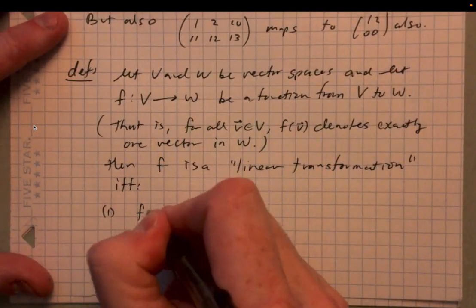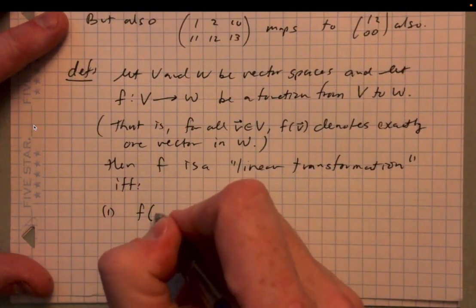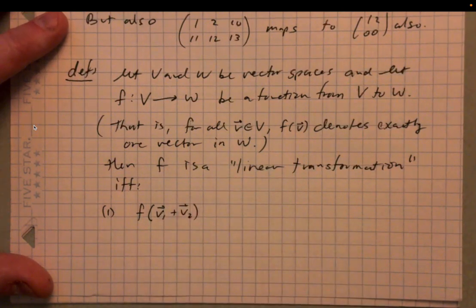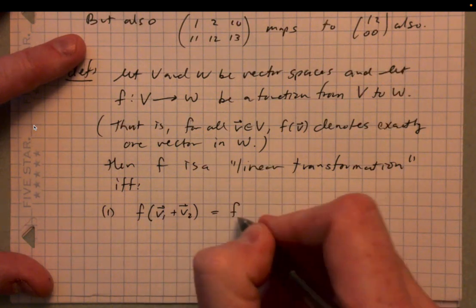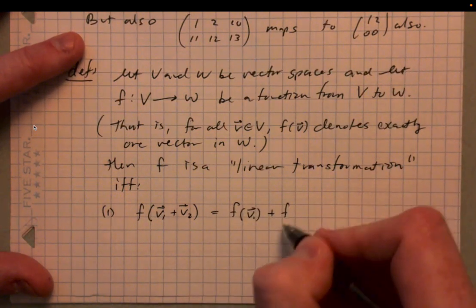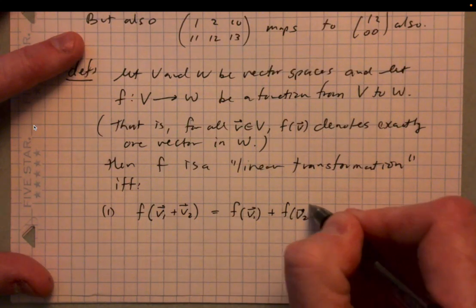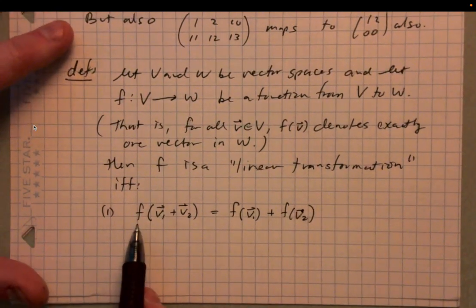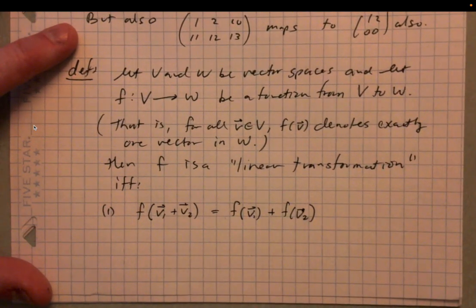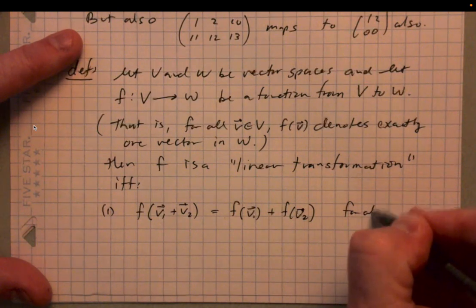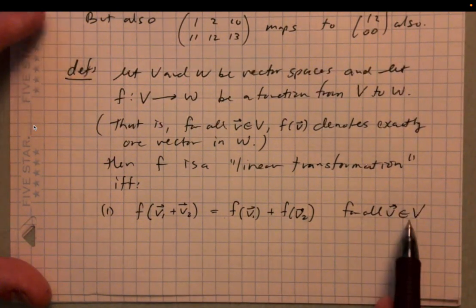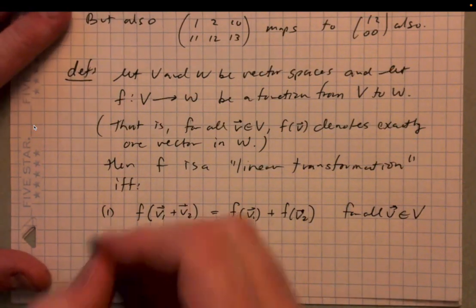The first one is that the function applied to a sum is equal to the sum of the function applied separately. This is for all v in V, for all vectors in the domain. So that's the first one.